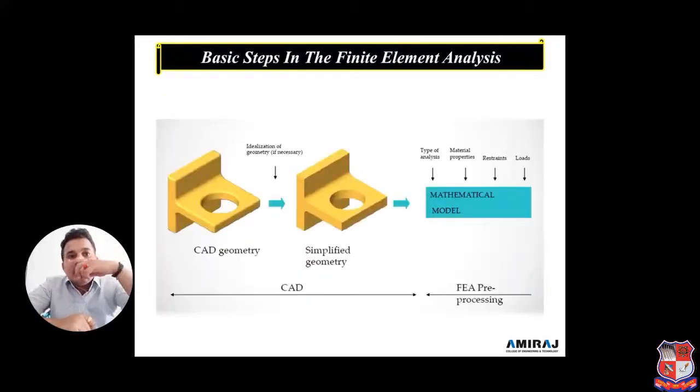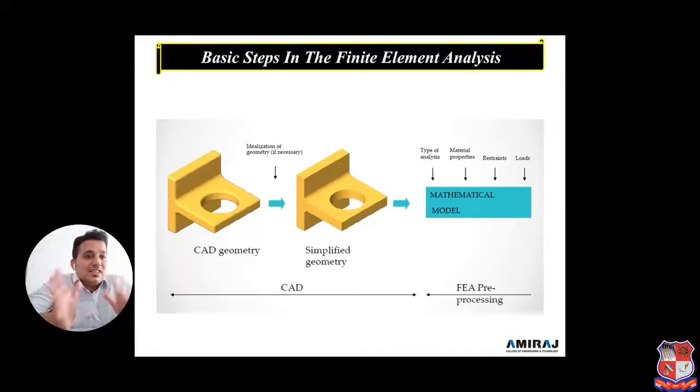So let's start with the basic steps in finite element analysis. First we create the CAD geometry in any CAD software like Creo, CATIA, Abaqus, AutoCAD. We create the 3D geometry of the object. Then we simplify it into a simple geometry.